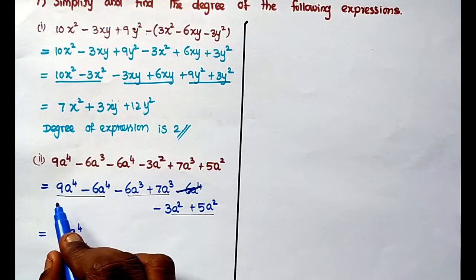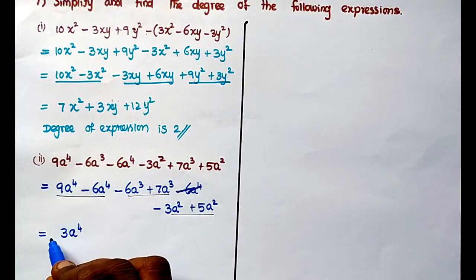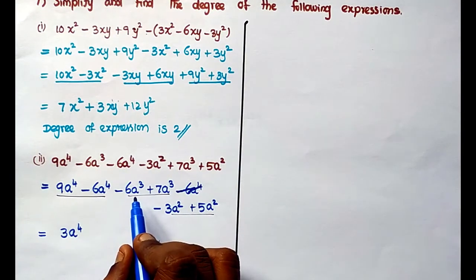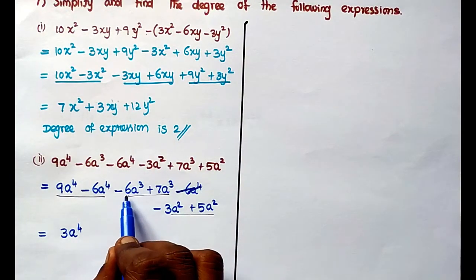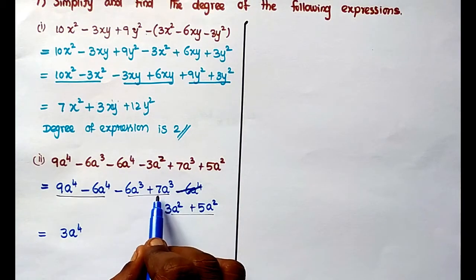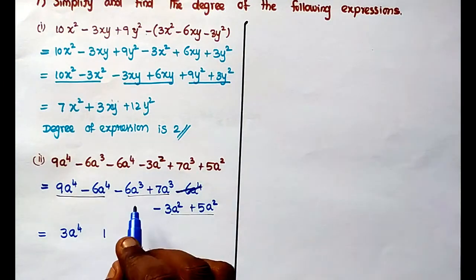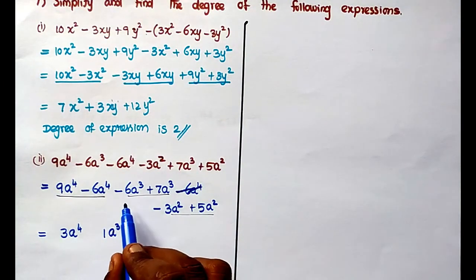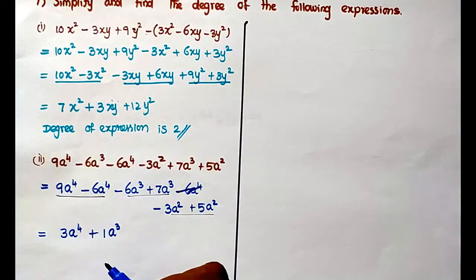Here which one is greater? 9 is the greater, that sign is plus, so no need to put it down. And next one, a power 3 terms, minus 6 plus 7, different sign. What is the difference? 1. Which term? A power 3 term. Which one is greater number? 7, that sign is plus.